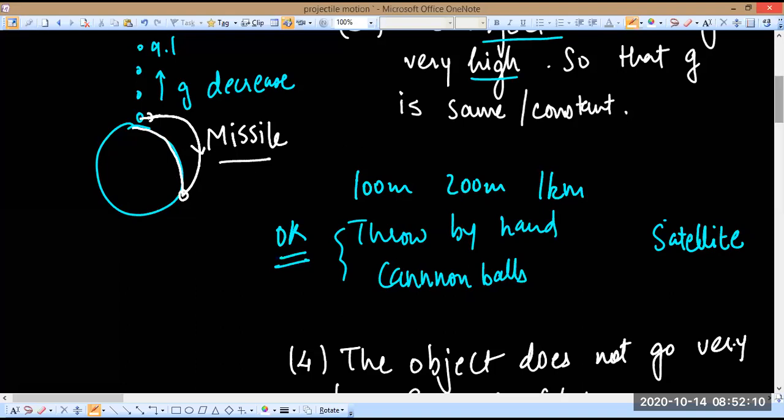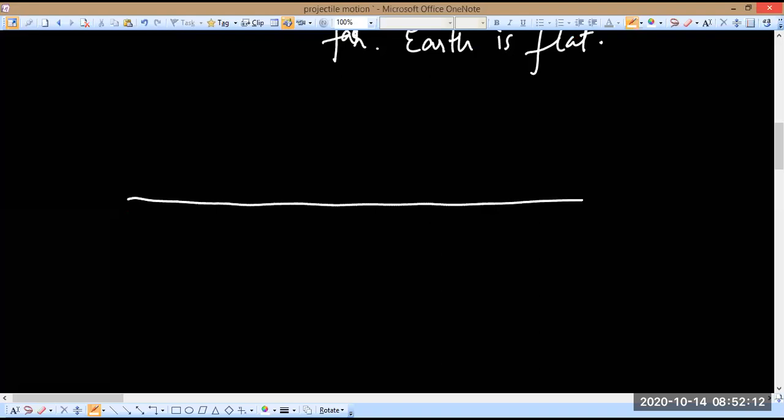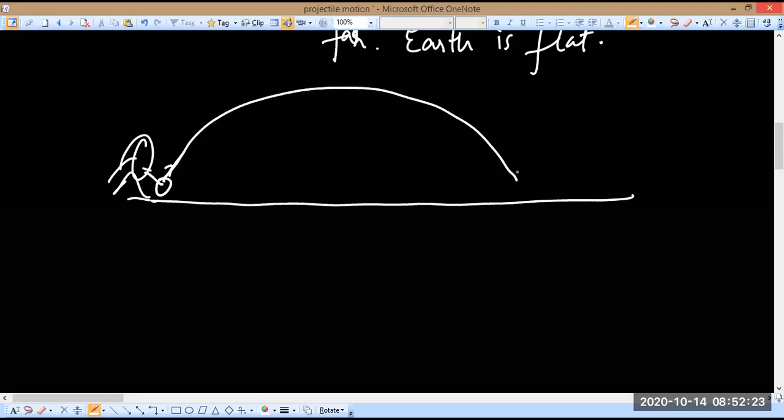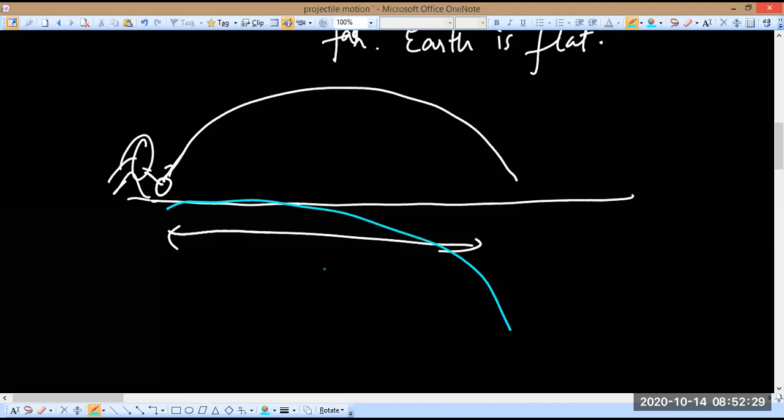But if you take a stone in your hand, let's say this is a big football ground or something, and that's you. You take a little stone, a pebble, and you throw it. Do you think that in the distance where it falls, the earth is going to curve a lot? I hope you understand what I'm saying. You can stand on a tall building and you are still going to see that earth is nearly flat.